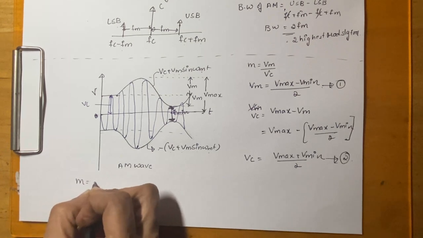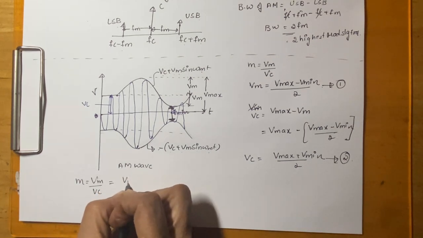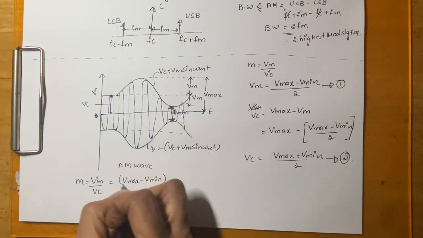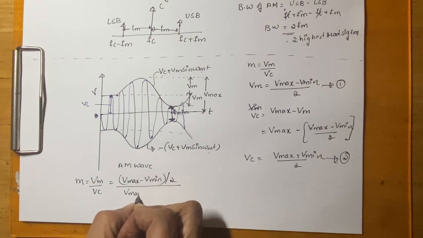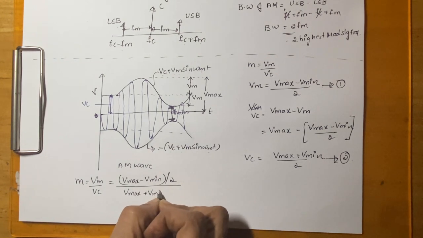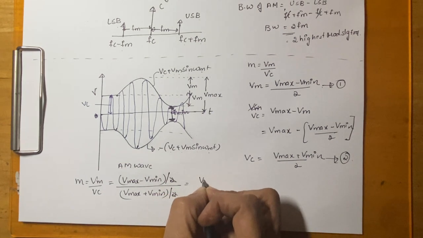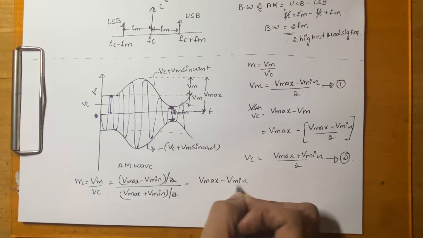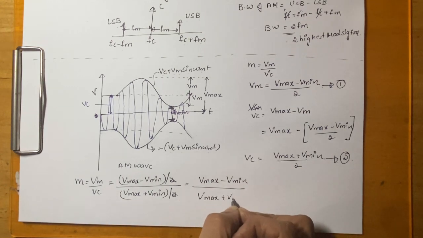Now M is equal to Vm by Vc, which is equal to Vmax minus Vmin divided by 2 divided by Vmax plus Vmin divided by 2, which reduces to Vmax minus Vmin divided by Vmax plus Vmin.